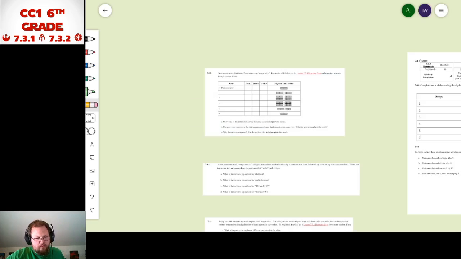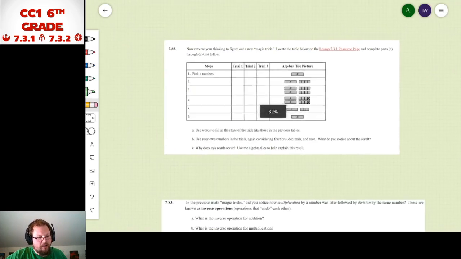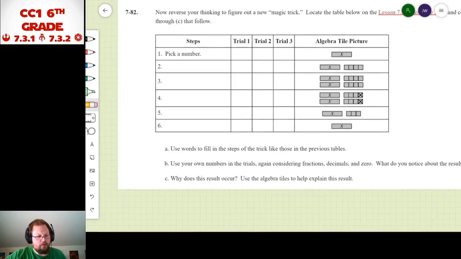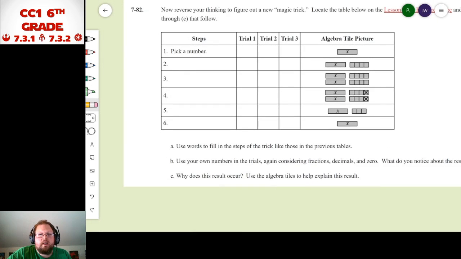What you're going to do for this one, and this is one that I would actually like you to try to do on your own before I do this, I would like you to try to take the pictures on the right, and I'd like you to try to translate those into steps that are written out in words. And you can follow this along by picking a number if you would like. So if my first number was 10, for example, I'd like you to just pick whatever number you want in these 3 trials and try to write an expression that matches these.